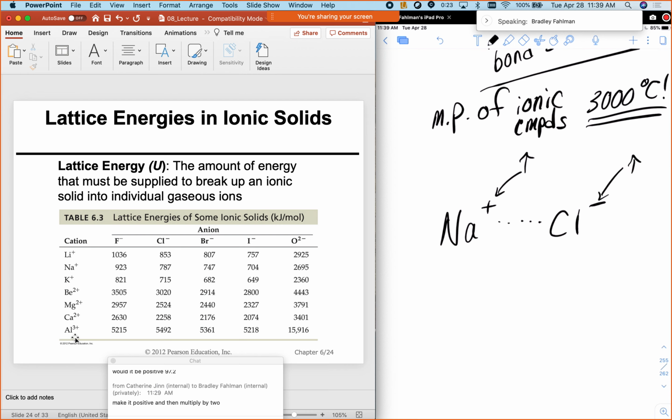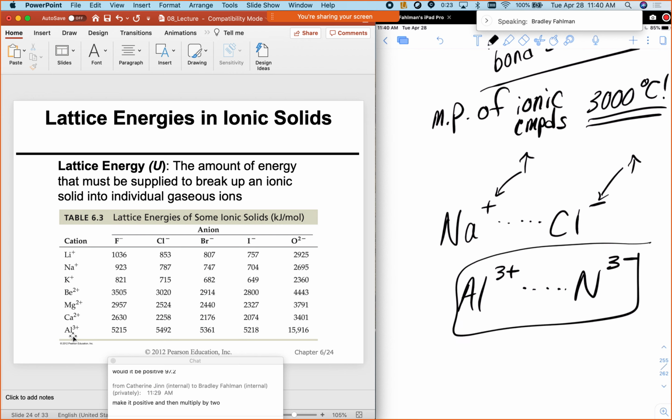If you have something like, I guess it's not on this table, aluminum nitride, it is one of the highest melting solids because you've got aluminum 3 plus combined with nitrogen 3 minus. They are going to really attract one another. The most they have here is aluminum oxide, where you've got a 3 plus attracted to a 2 minus charge.